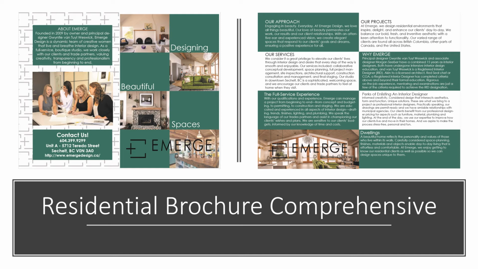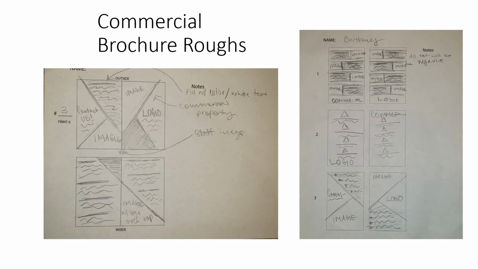And then finally, for the commercial brochure and insert, this was probably the smoothest process of all the assignments, of all of these brochures and designs from start to finish. The biggest issue that I had with this one was creating ideas that would stand out from the residential brochure. Again, going back to that design theory, how do we differentiate?